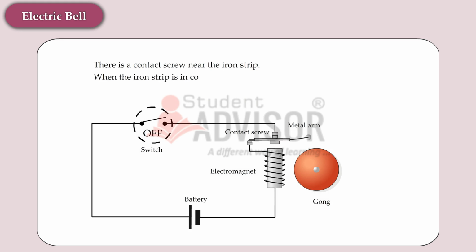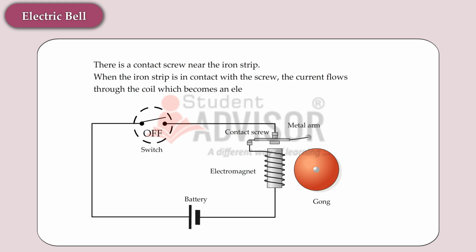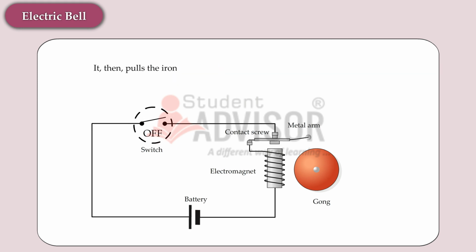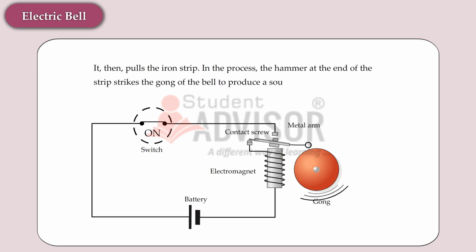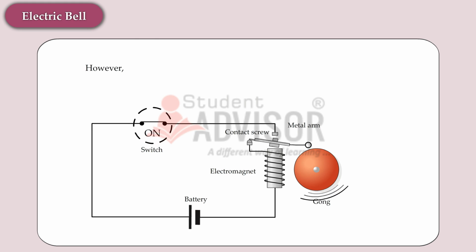When the iron strip is in contact with the screw, the current flows through the coil which becomes an electromagnet. It then pulls the iron strip. In this process, the hammer at the end of the strip strikes the gong of the bell to produce a sound. However, when the electromagnet pulls the iron strip, it also breaks the circuit. The current through the coil stops flowing.